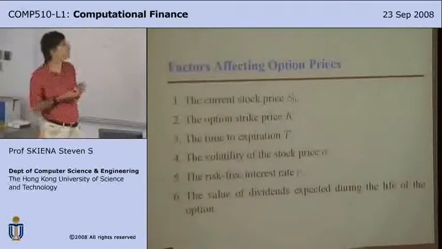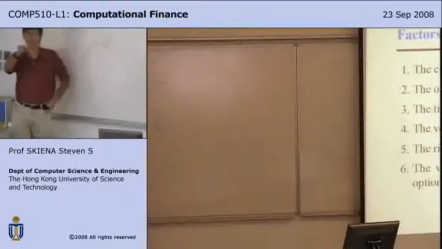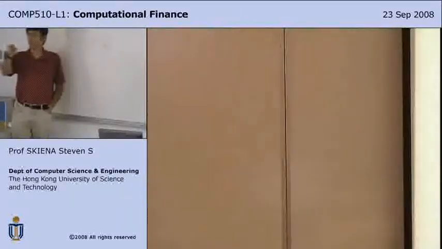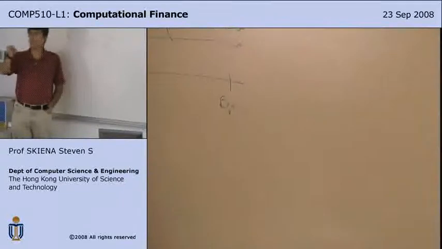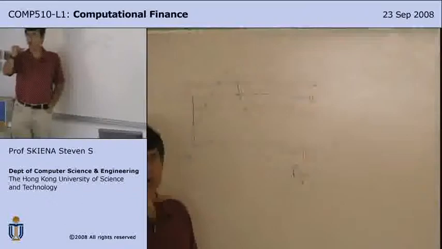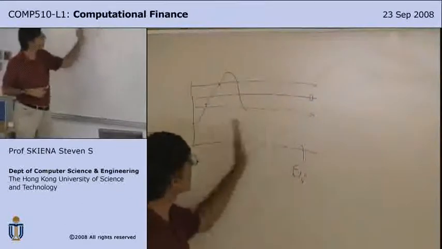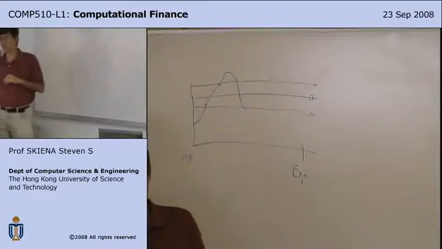The time to expiration. Why does the time to expiration make a difference in the price of an option? What does the strike price do? The time to expiration do? Okay. I picture that the expiration time, we can think of an option as being sort of a race.